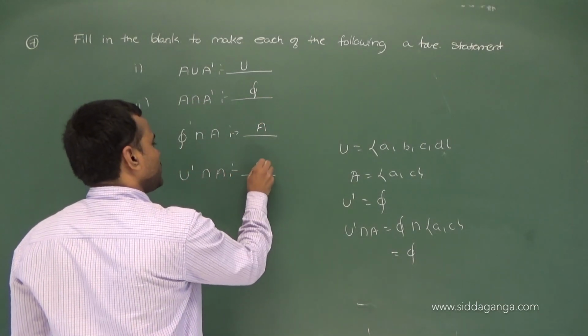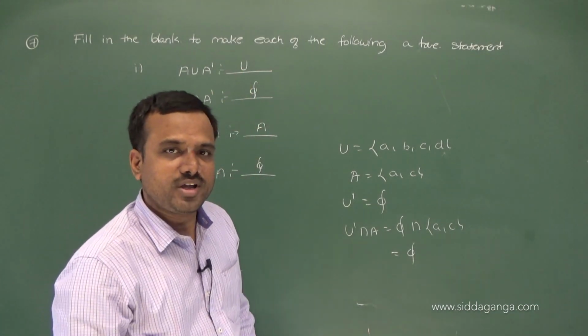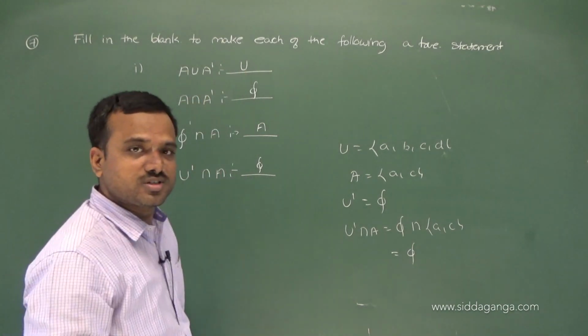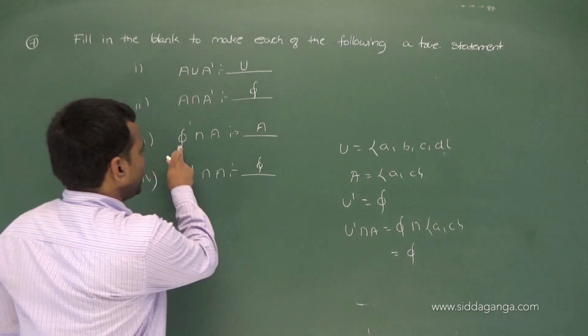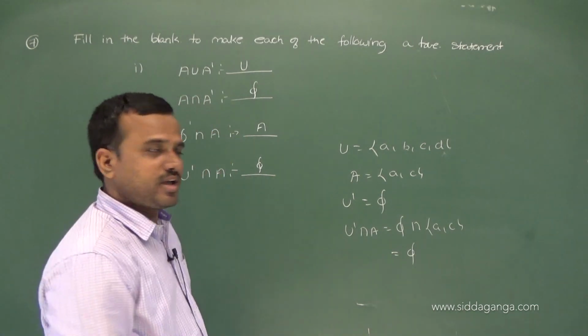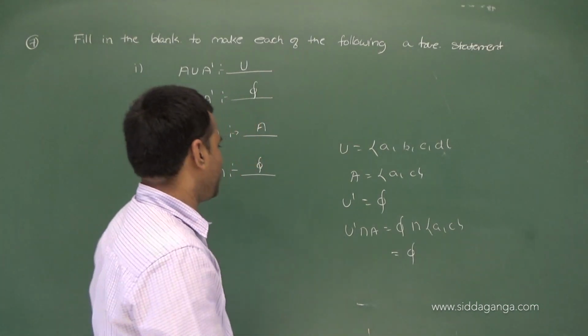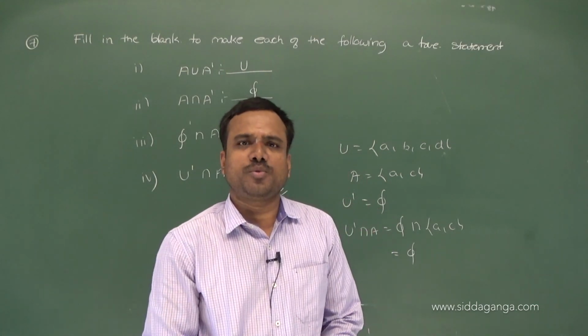These are all very important properties. A union A dash is the universal set. A intersection A dash is the empty set. Phi dash intersection A is A, and U dash intersection A is the empty set. So this completes exercise 1.5.